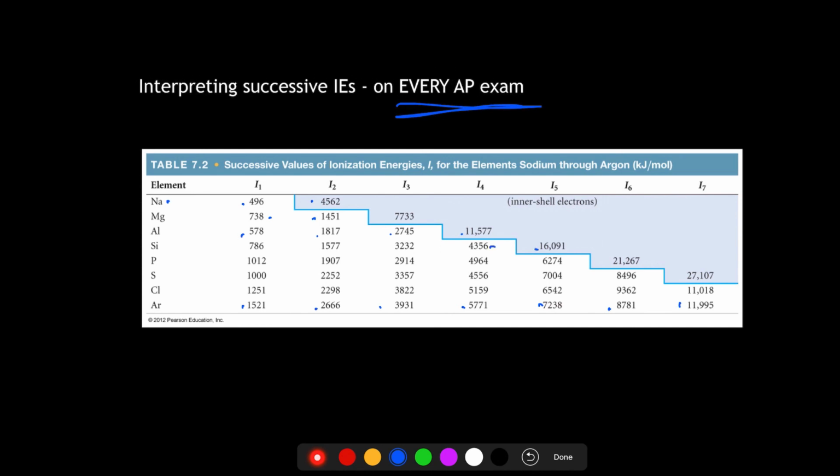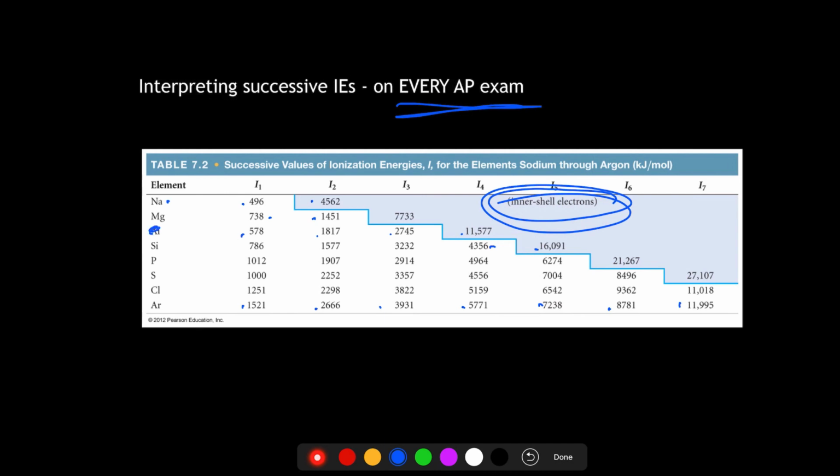Anytime we see a jump that is several orders of magnitude, that says something about that electron. That electron costs more in terms of energy because it experiences a significantly stronger attraction to the nucleus, which can be explained by the fact that it is one shell closer to the nucleus, which means that's when we start to remove our core electrons.